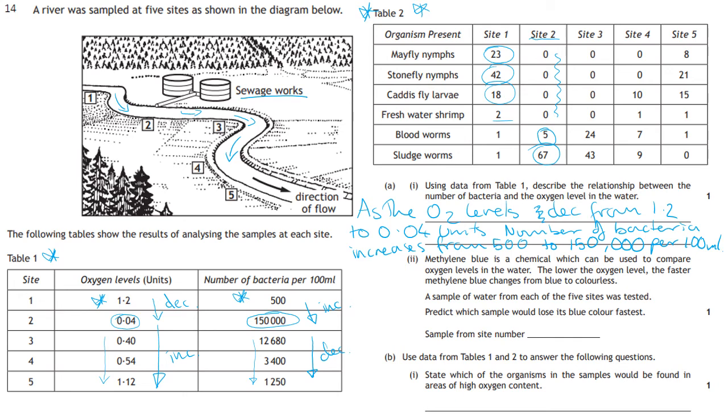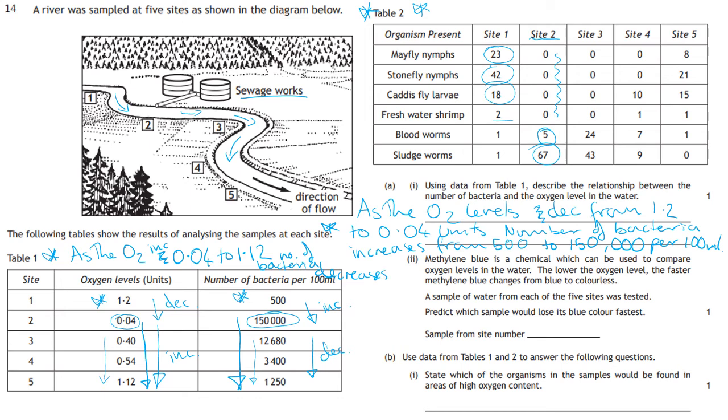Now that's the first bit. So what do I do now? I need to do the next bit. So I now go as the oxygen, I'm not decreasing this time, look, I'm increasing. As the oxygen increases from 0.04 to, and I'm going, look, all the way up to 1.12. What's happening to the number of bacteria? Look, number of bacteria decrease.